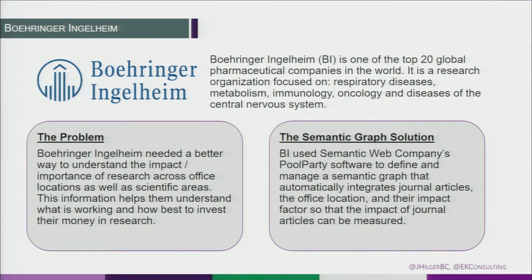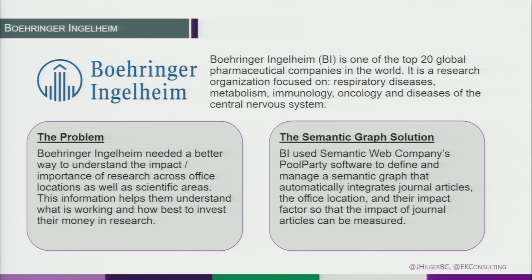They were doing research, they had some information, but they couldn't understand across all their properties and all of the different disciplines and groups that were working, how valuable is our research? Is this working? Because we're investing a lot of money in it. And so they came to Semantic Web Company, makers of PoolParty, and said, how do we fix this? And they said, well, a semantic graph will help.